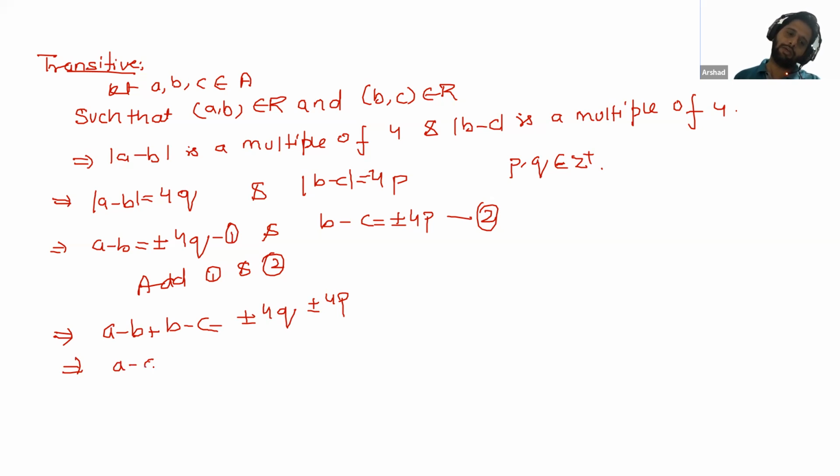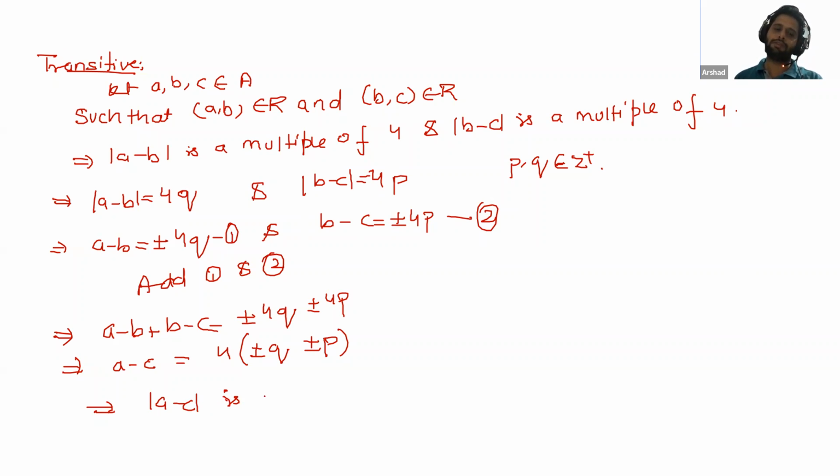We get a minus c, which is equal to, you can take 4 common, 4 times plus minus q plus minus p. So that means the modulus of a minus c is divisible by 4.